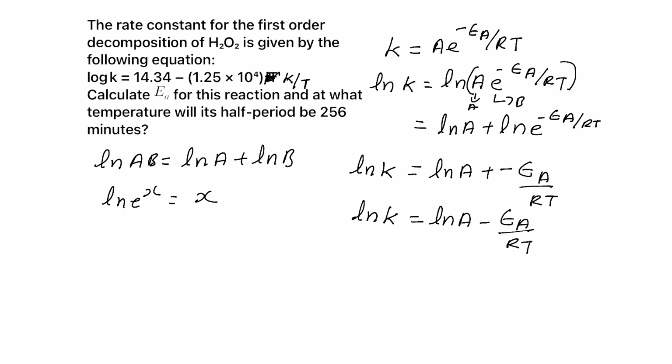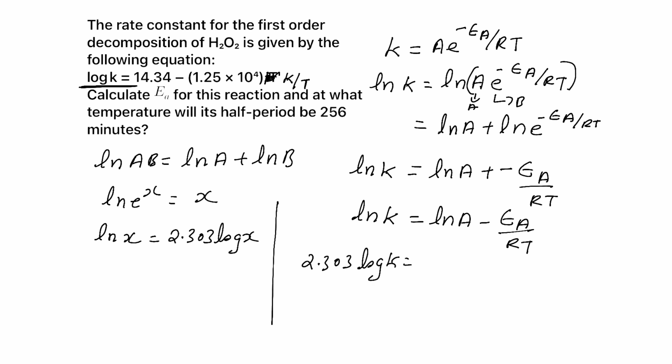Clear? Now if you check the equation in the question, it is not ln, it is log, right? How to convert it? ln x is equal to 2.303 log x. Do that conversion here. So 2.303 log K is equal to 2.303 log A minus Ea by RT. Clear?